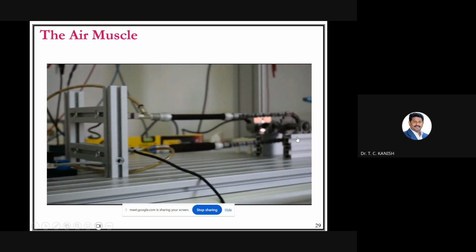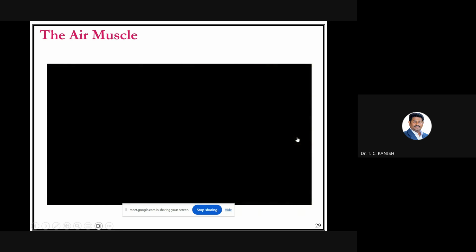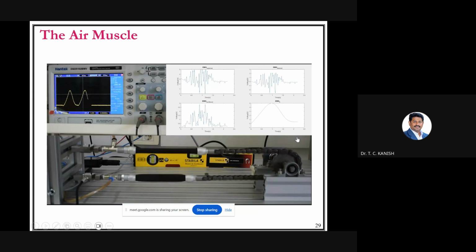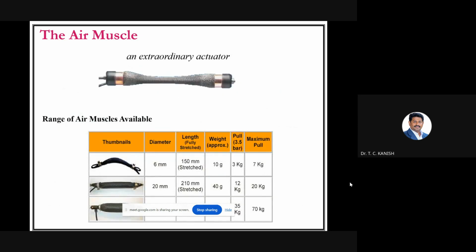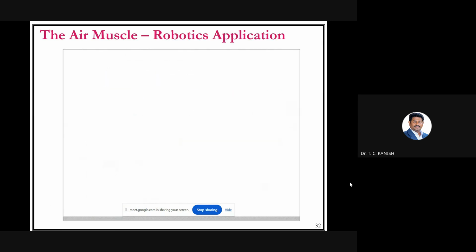You can see the load being taken, expanding and retracting. So this is how air muscles take a load. Some sizes are available, so we can use whatever size we want.